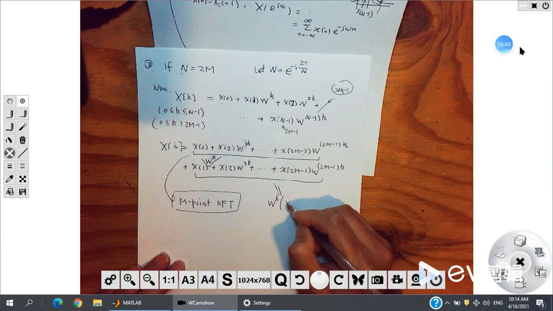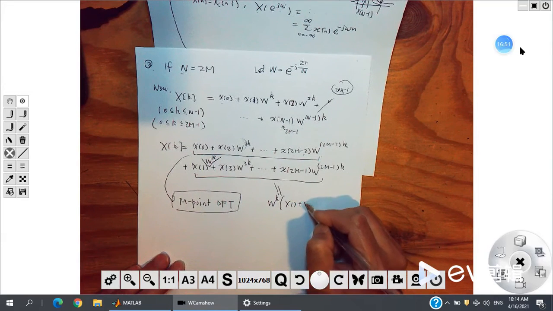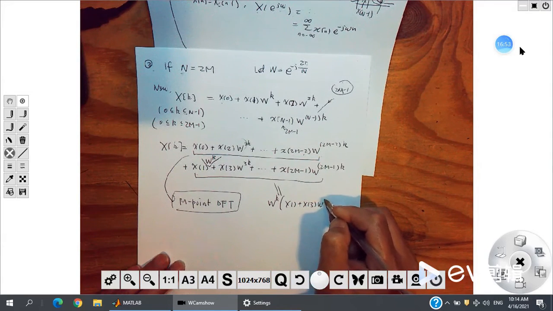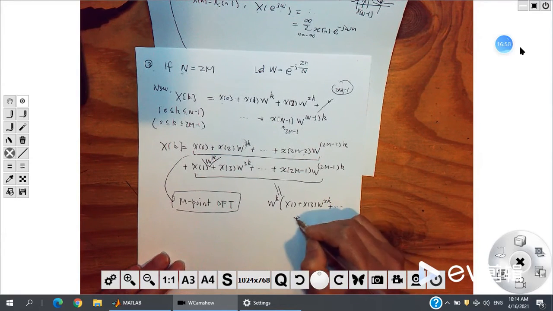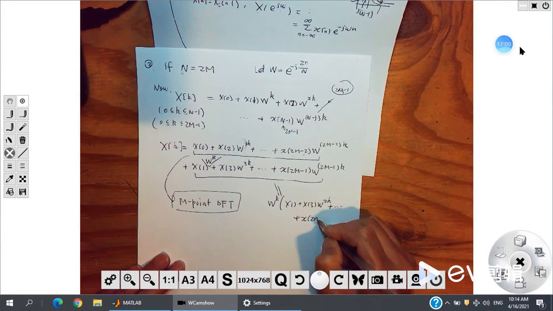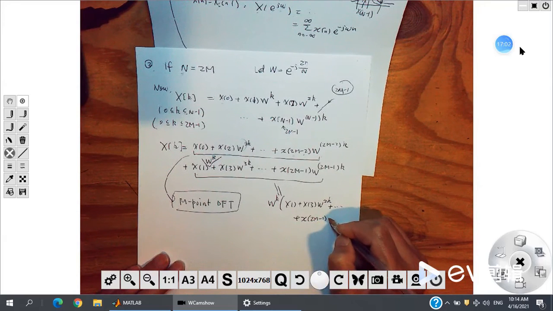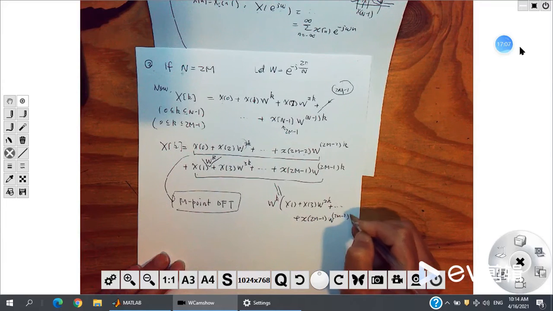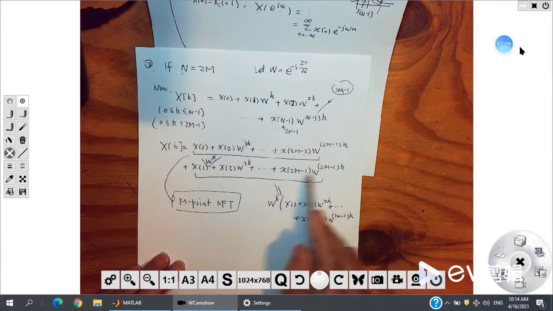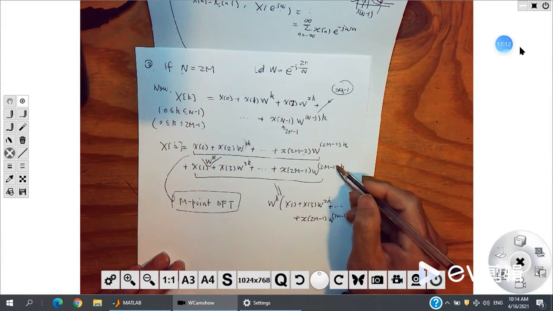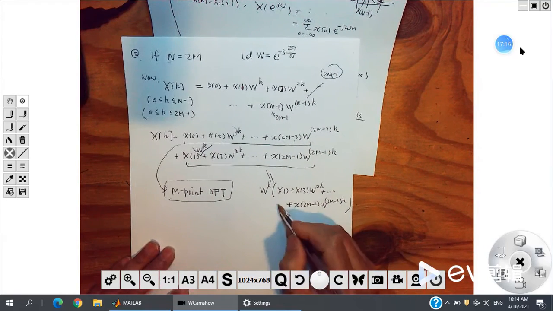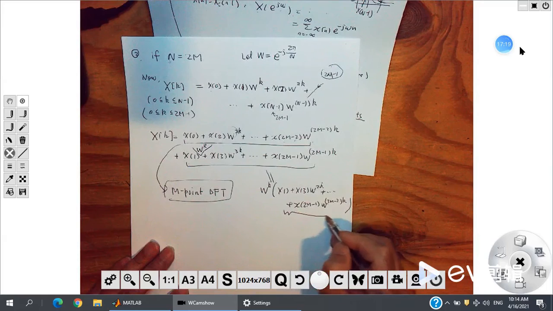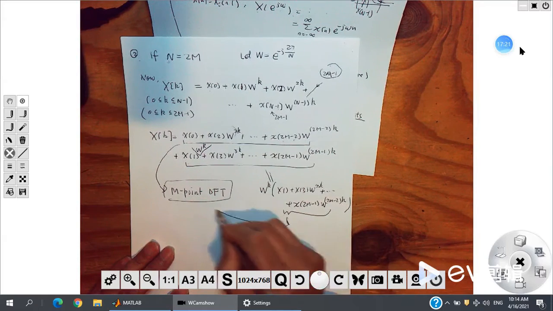Then it will be x1 plus x3 W to the 2k, until the last term x of 2m minus 1 times W to the 2m minus 2k. Right, I removed W^k out, so here I need a minus 1 more, so minus 2. Right, this way. Okay, this part is also an N/2-point DFT.